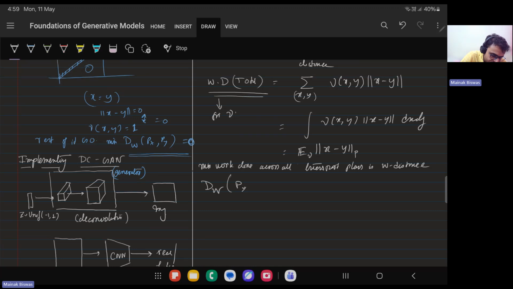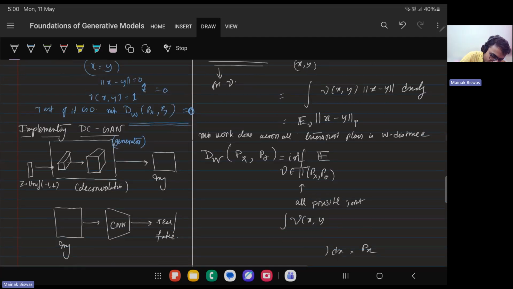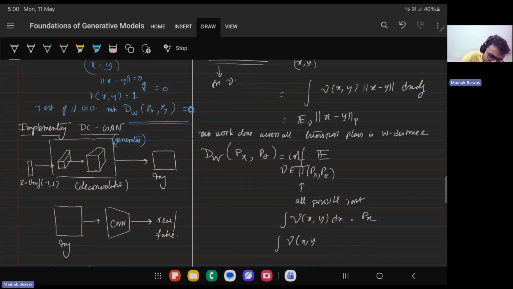Between Px and P theta, if I have to define this, it is going to be the infimum over nu in the set of all transport plans between Px and P theta. These are all possible joint distributions, so that the integral of nu of x, y dx is equal to px, and the integral of nu of x, y dy is equal to py.